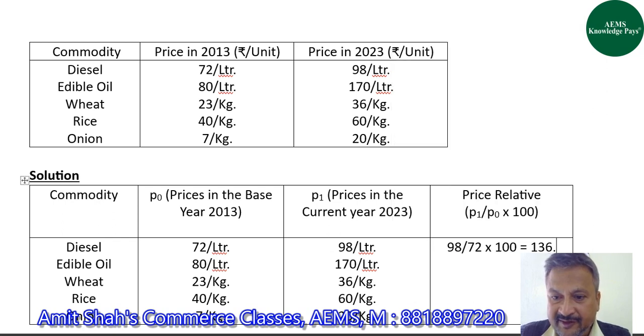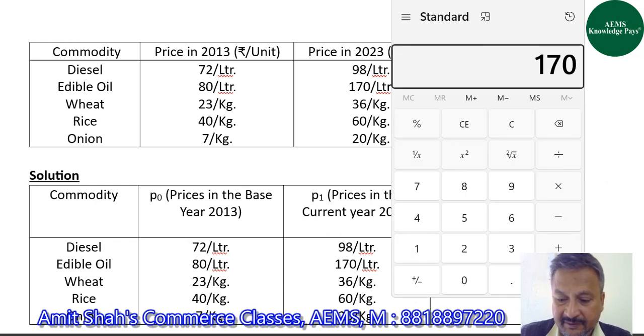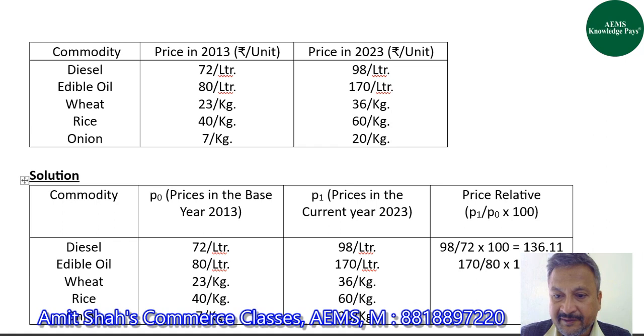And that is 136.11. Similarly, 170 divided by 80 into 100. So for individual commodities, we are finding by how much the price of current year is of the base year. It is 212.5.